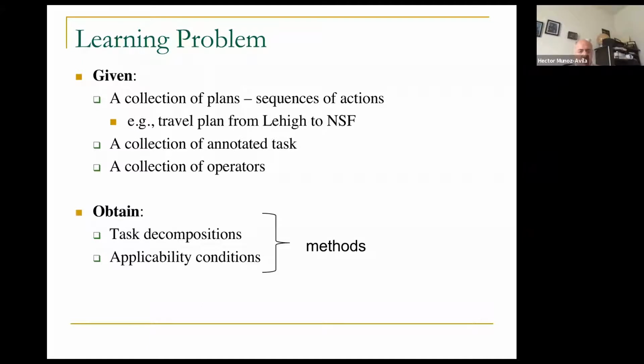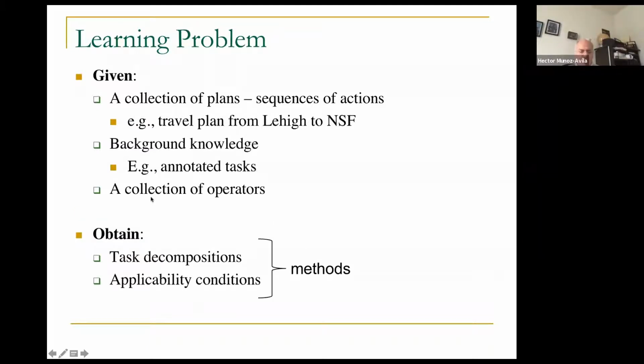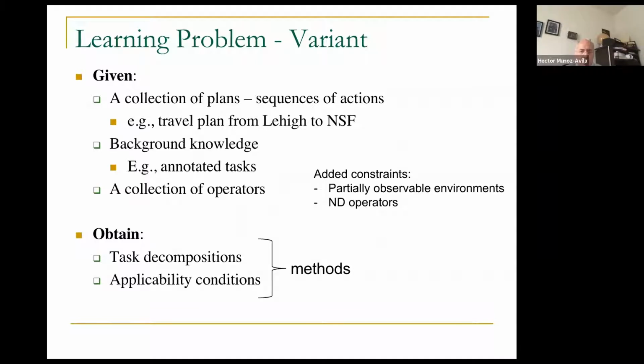Researchers have explored different variants over the years. Another one is where some constraints are added. So, for example, there's some work where we're trying to learn the actions in addition to the methods, and you're not giving a complete state.